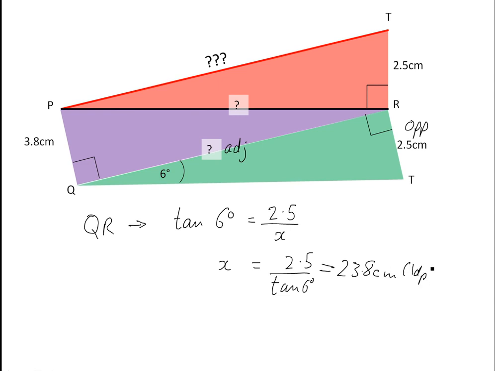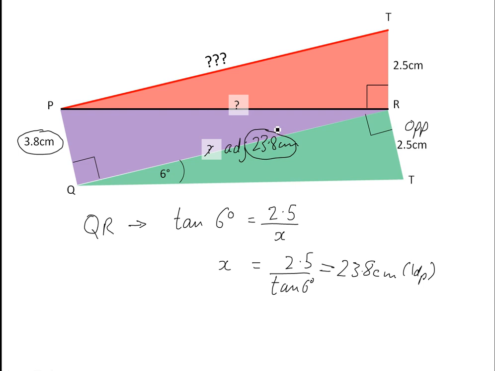I know I've rounded it. I'm going to keep it on the calculator so that when I do the next step I use the unrounded version. So where do I put that on the diagram? Here. This is now 23.8 centimeters.